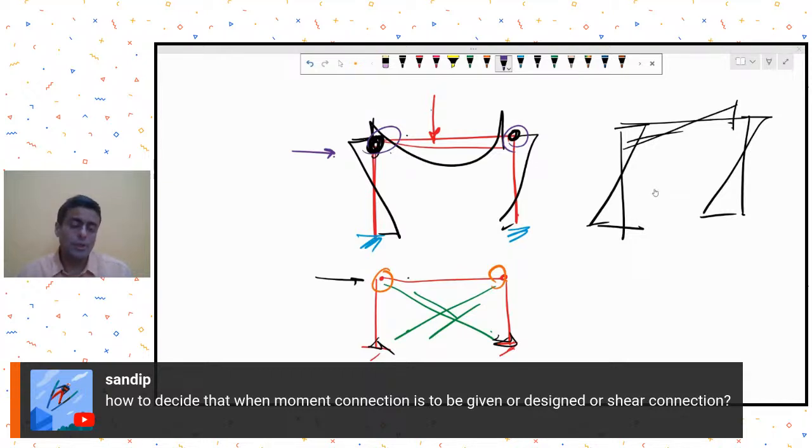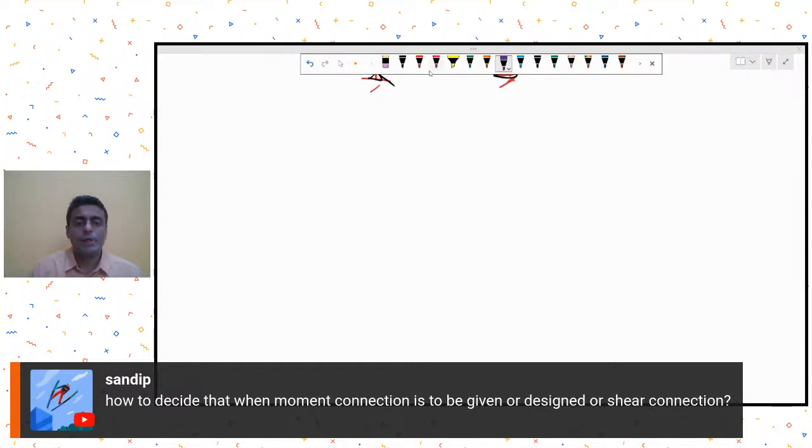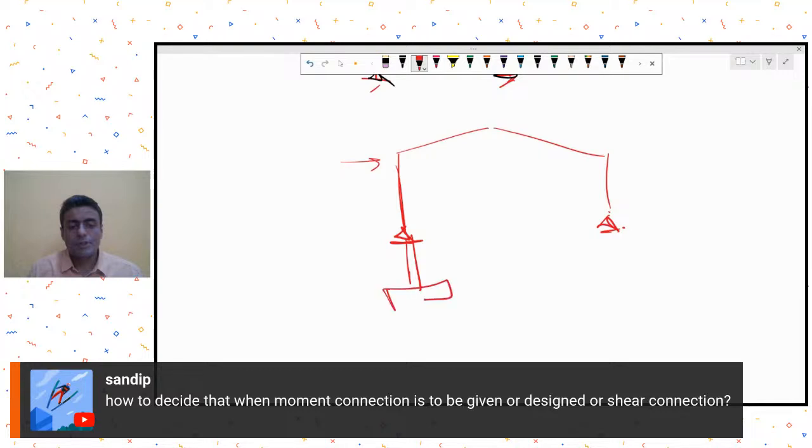Sometimes it also depends on, let's say, mostly this comes in situations when you are doing a PEB shed. So you were doing a shed. Now if I were to give a pin support over here, moments will not be transferred to my substructure. If moments are not transferred, my substructure will be designed only for, let's say, the axial forces and for the moment due to the horizontal reaction over here.